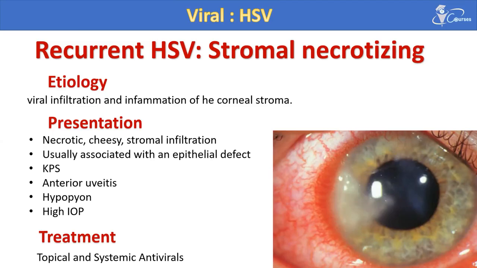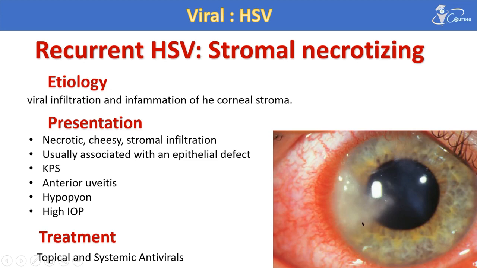And this is unfortunately very frequently mistaken as bacterial keratitis. I saw many patients with this picture misdiagnosed as a bacterial keratitis, and actually it is very simple to differentiate, as I'm going to tell you right now. So how will these patients present? They will present with necrotic, cheesy stromal infiltration.